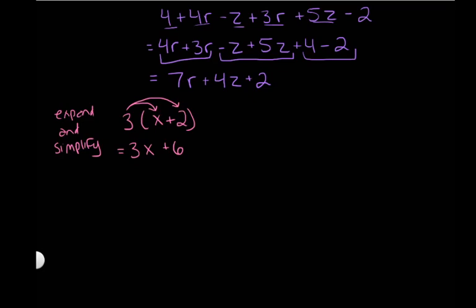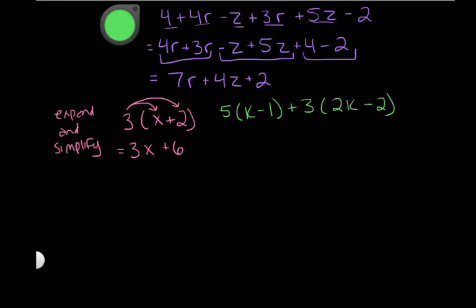Let's look at another question that's a little more involved. If we have a question that says 5 times k minus 1 plus 3 times 2k minus 2, we need to multiply everything again outside the bracket by everything inside the bracket.